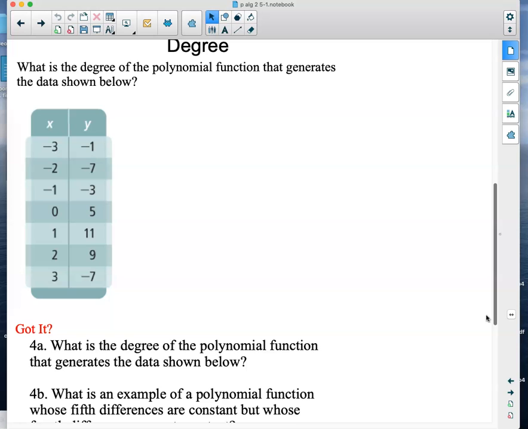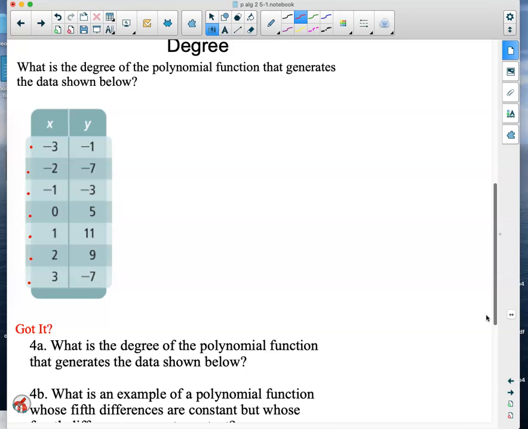And we found out as long as we check and make sure that all of the x values are going up by the same interval, and this time they're going up by 1s, then all we have to do is use subtraction to see what's going on and which degree we should use.